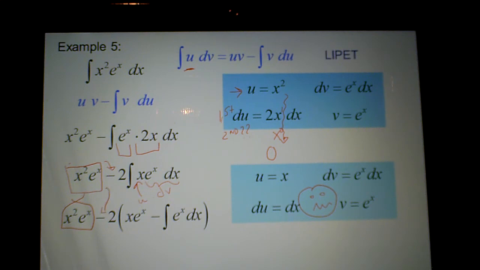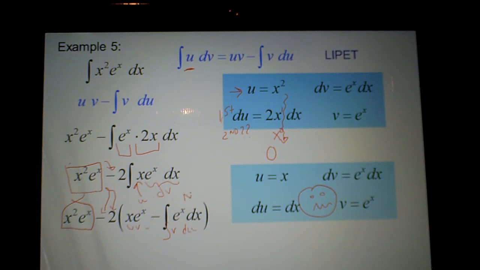My negative and the 2 still stay. This was u dv for the second piece. So this is now uv minus the integral of v du. So I'm going to have x times e to the x minus the antiderivative of e to the x.